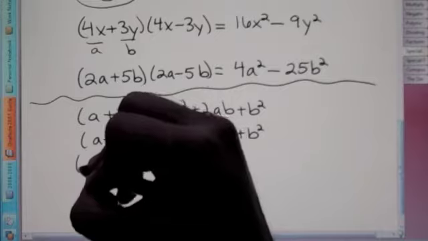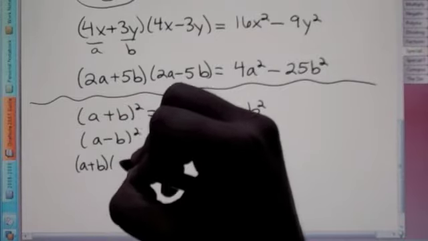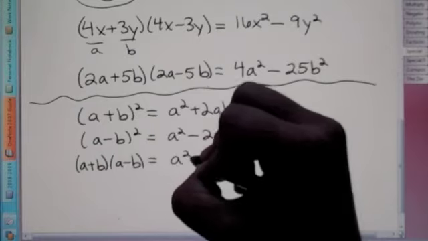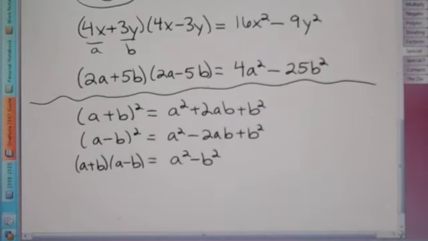And our last one was if you have (a + b) times (a - b), we can rewrite it as a squared minus b squared. Again, these special products will help us a lot with time, just being able to do these a lot faster, because they are set up in a way that we can use our shortcut.